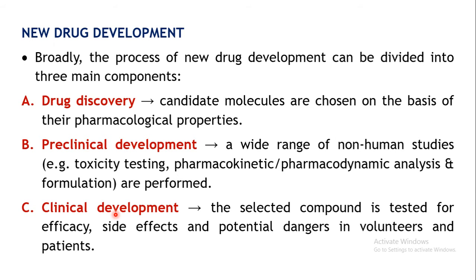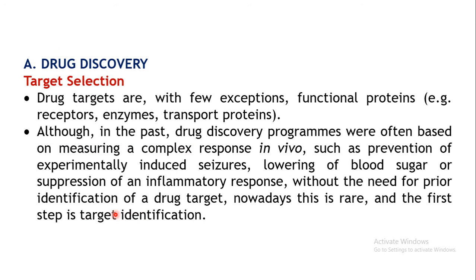These are the three main steps of new drug development. For a drug to come into the market, these are the several processes which have to be carried out step by step. We shall see all the three steps in detail.